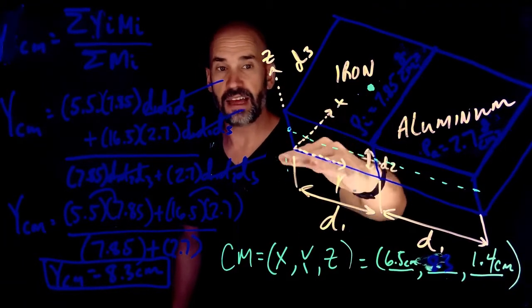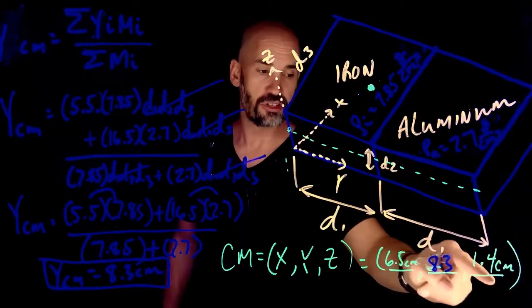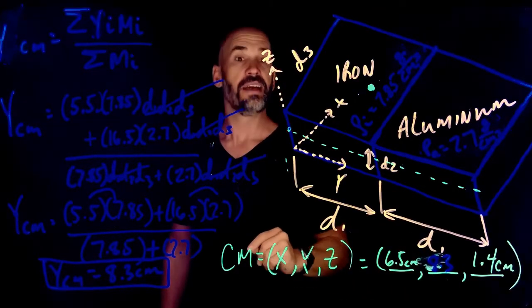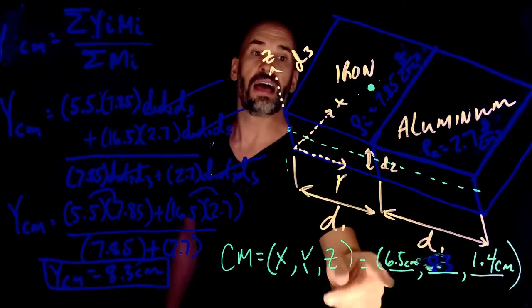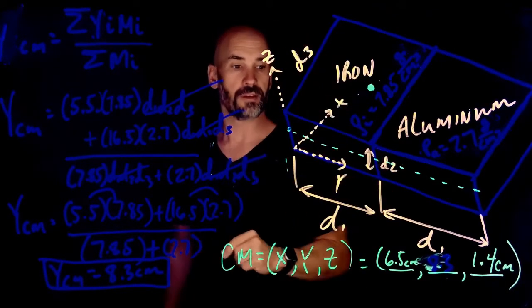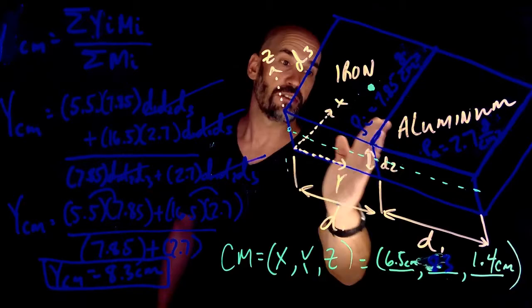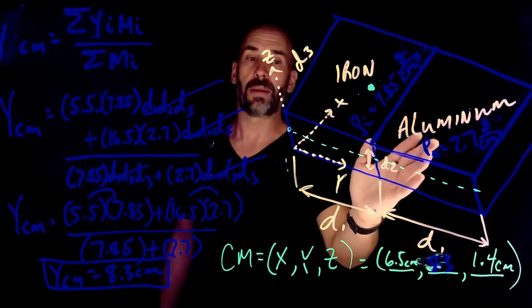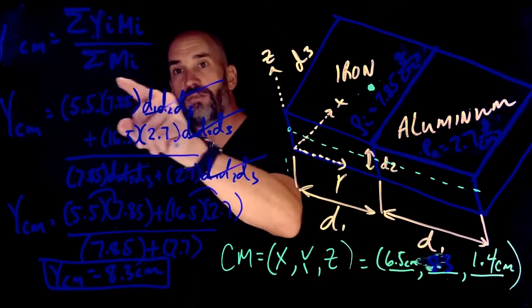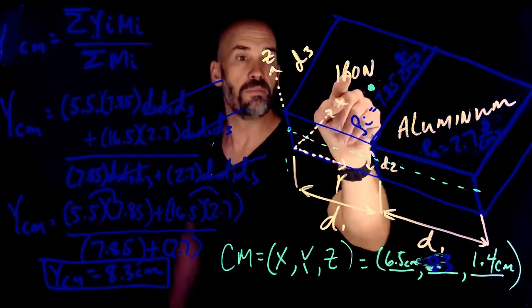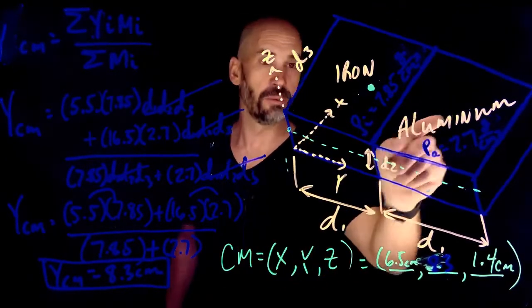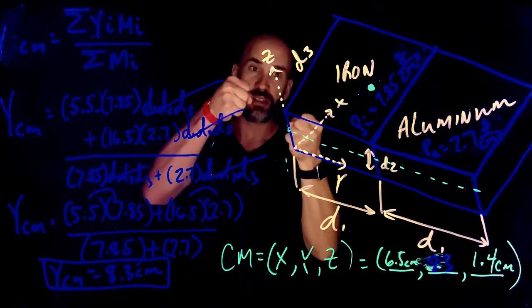The density doesn't change in the z direction, so that should just be 1.4. The density doesn't change in the x direction, so that should be 6.5, or half of D3. But the density does change along y, and that makes things more complicated, but we can still use this formula if we consider each of these points to be the middle of the iron and the middle of aluminum, and find the center of mass between those two things.